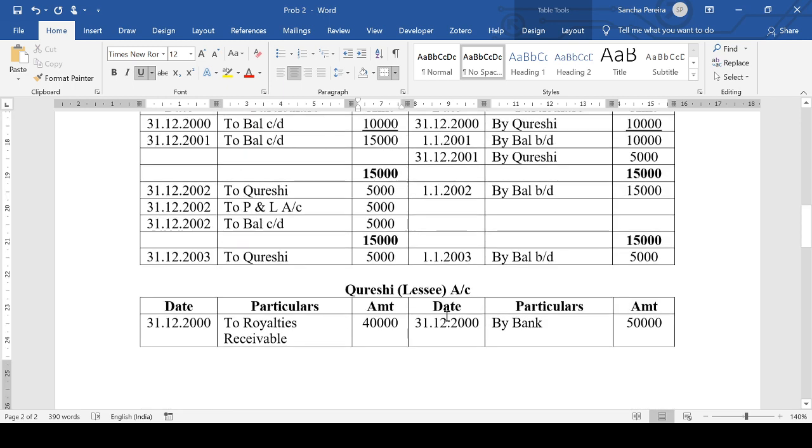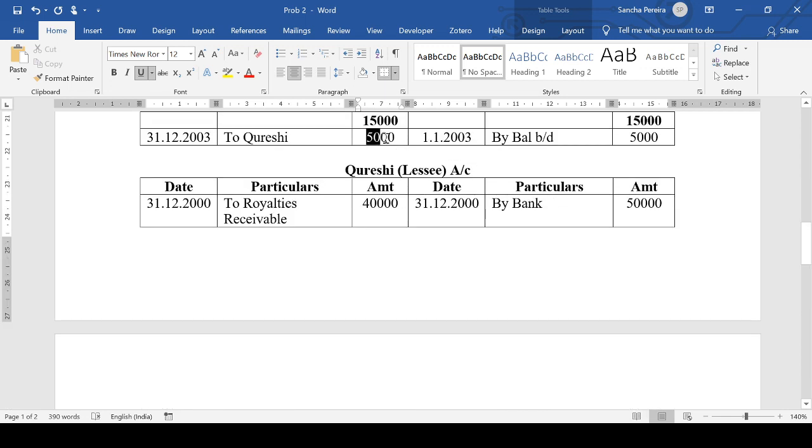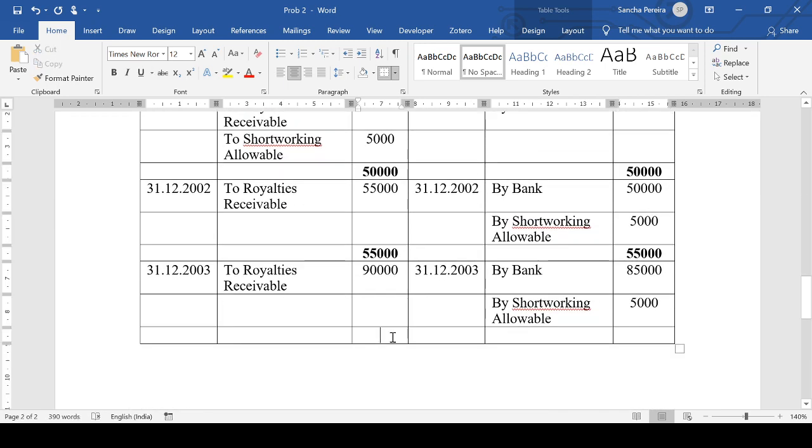So your royalties account is tallying. The short working account is also tallying. There's no balance to be carried forward. Anyway, there can't be a balance because it's the last year. And the lessee's account is also tallying.